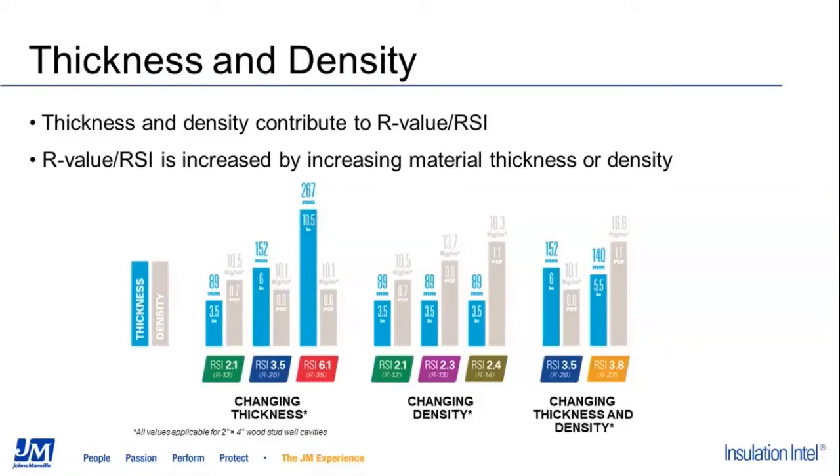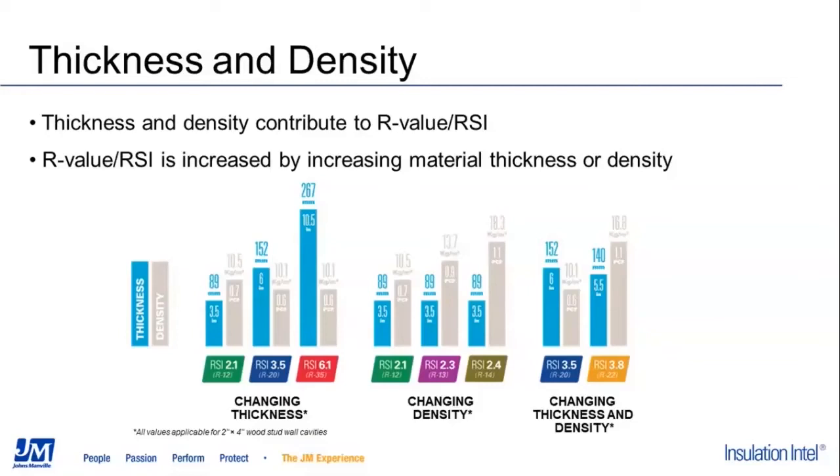This chart really shows how R values are increased by either changing the thickness or the density, or potentially both. So most walls are going to be either 2x4 or 2x6 construction, and attics typically have kind of an unconstrained product thickness requirement. So this diagram shows how R values are designed to fit these different constructions.